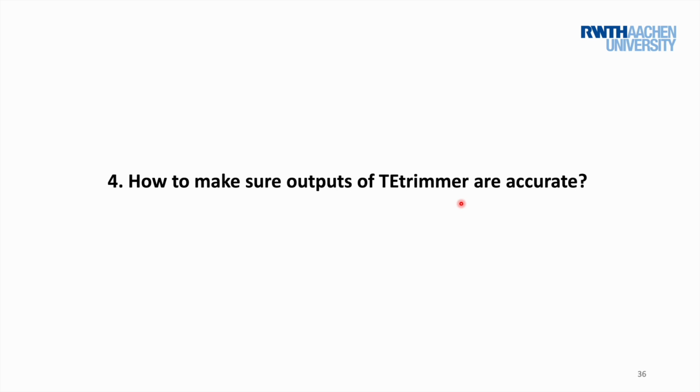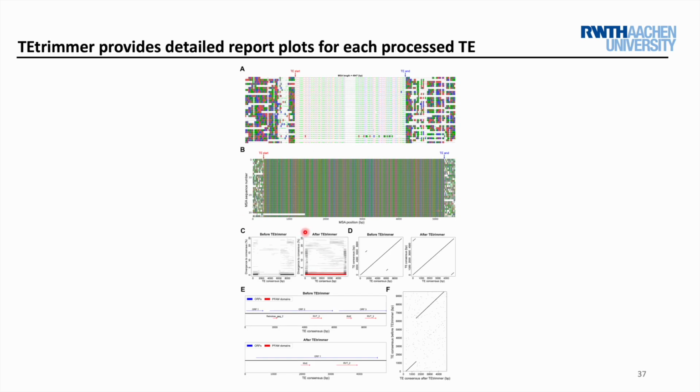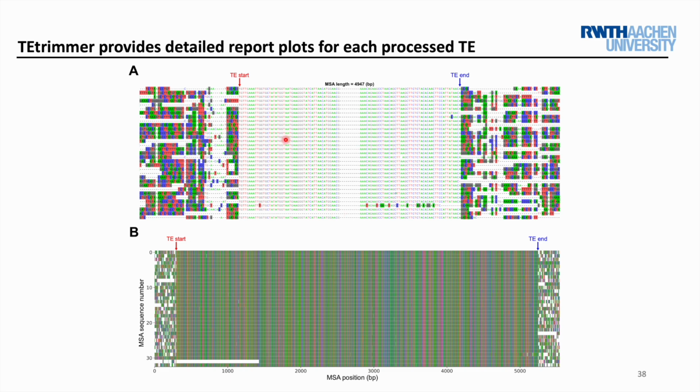Then we come to the fourth point: how to make sure the outputs of TEtrimmer are accurate. Because TEtrimmer wants to automate the process, how can we make the outputs comparable to manually curated results? The first method is to give you reporting plots for each output. For example, A and B are multiple sequence alignment plots.